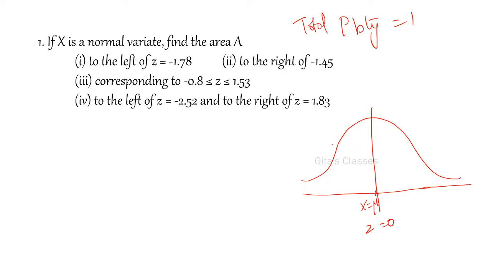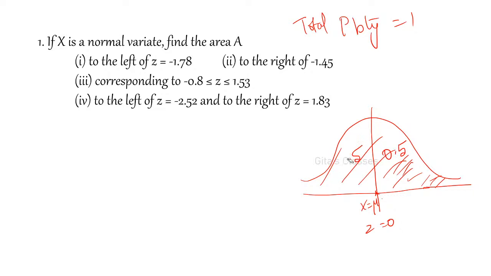That is represented by the probability, okay? And this line, x is equal to mu, divides the entire region into two equal parts. Left hand side it is 0.5, right hand side it is 0.5, okay?